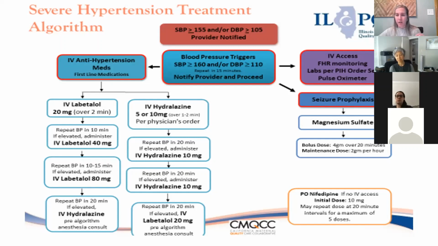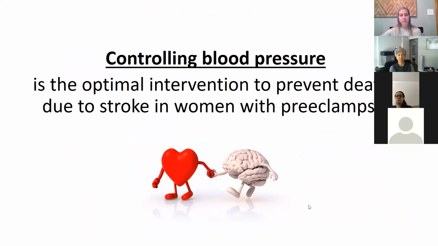So you really have to be careful that even someone whose pressure is so high can start to feel like they're hypotensive around a normal range blood pressure. So just be cautious when you're using your algorithms. And I hope that you guys all know where these are in your unit or how to walk through them. So again, controlling blood pressure is the optimal intervention to prevent the development of stroke in women with preeclampsia.